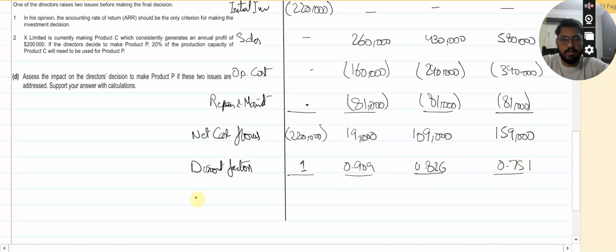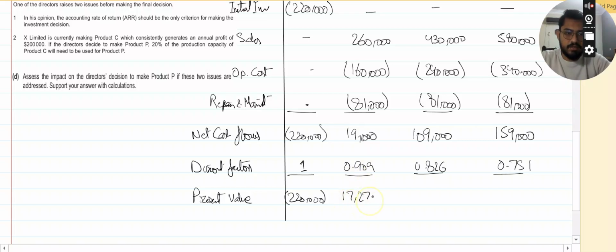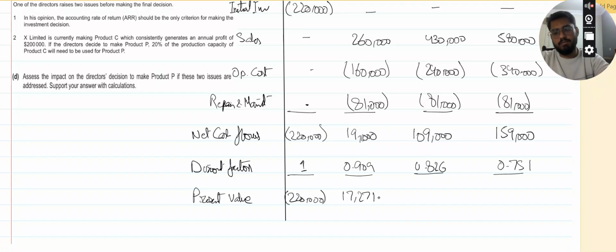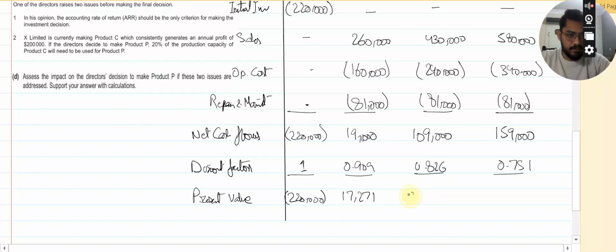So let's calculate the present values now. So we have 220,000, then we have 19,000 times 0.909, so it is 17,271. Then we'll take 109,000 and multiply it with 0.826.